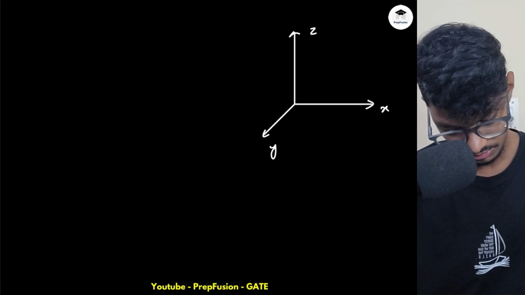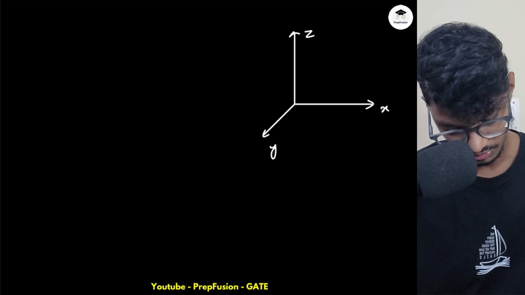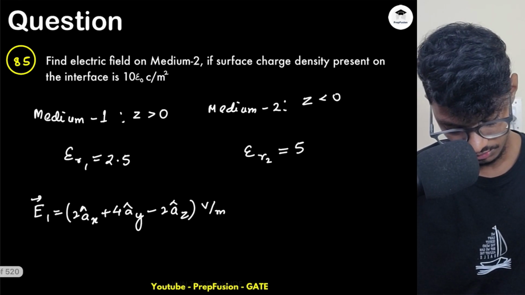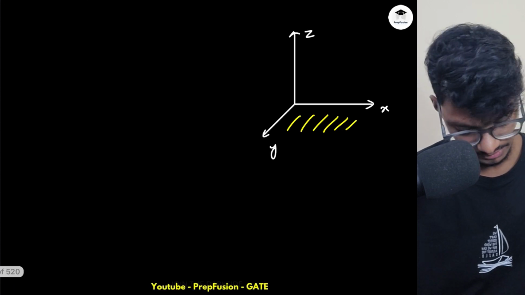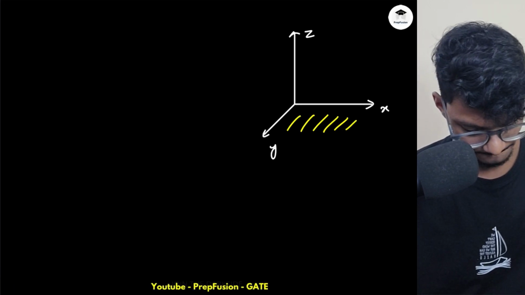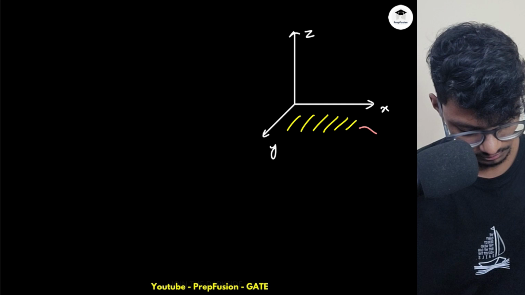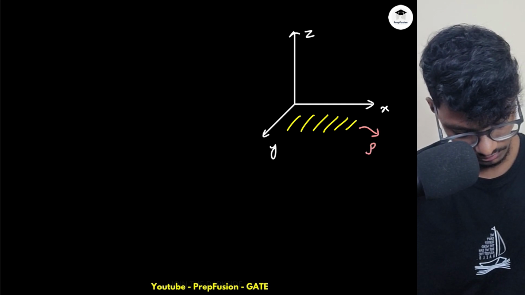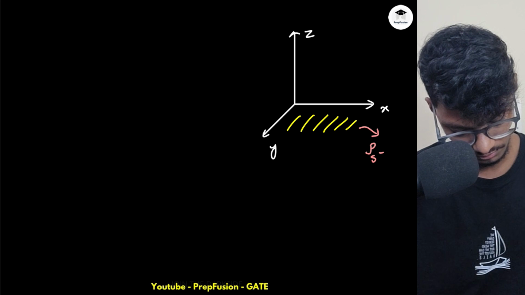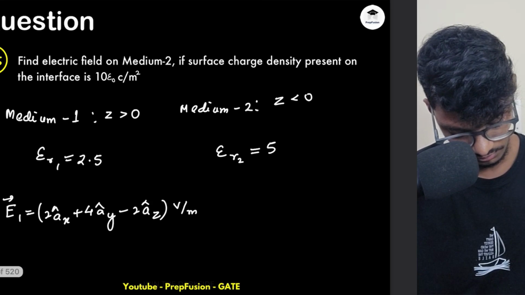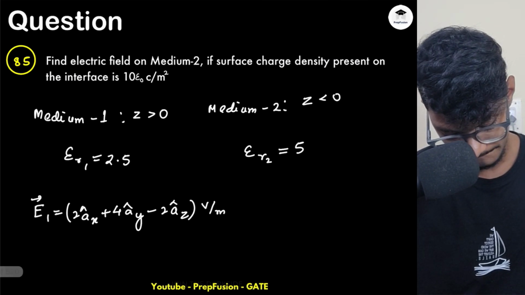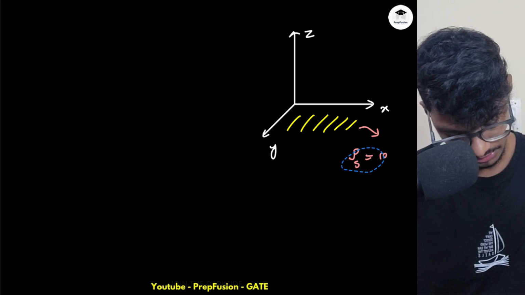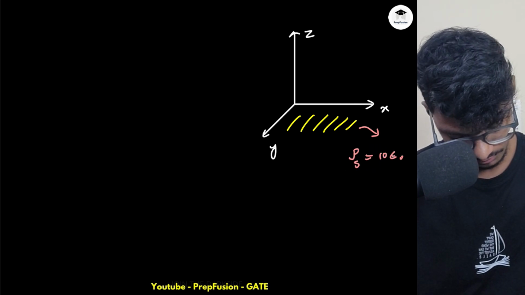This is z equals to 0. So here my surface charge density rho s is equal to 10 epsilon naught. Okay, 10 epsilon naught they have given me. Fine.